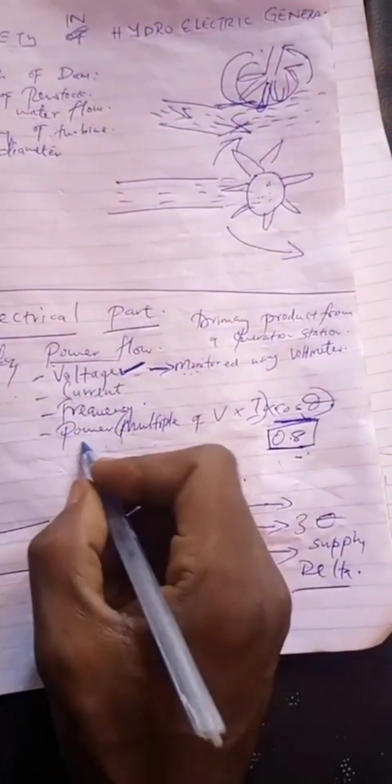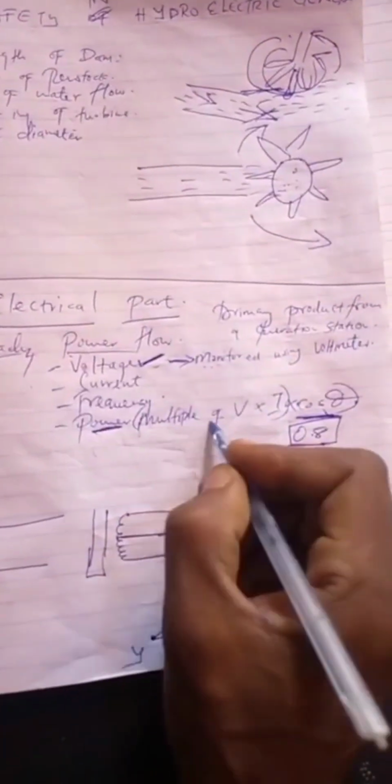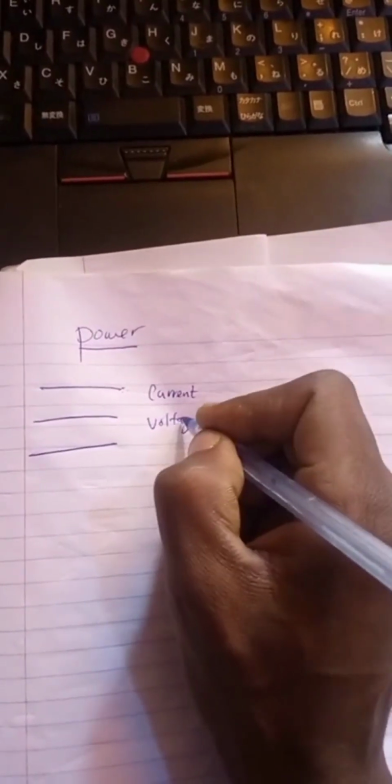So we need to have a correction of voltage and current. In power, we have our current and voltage multiplied together.